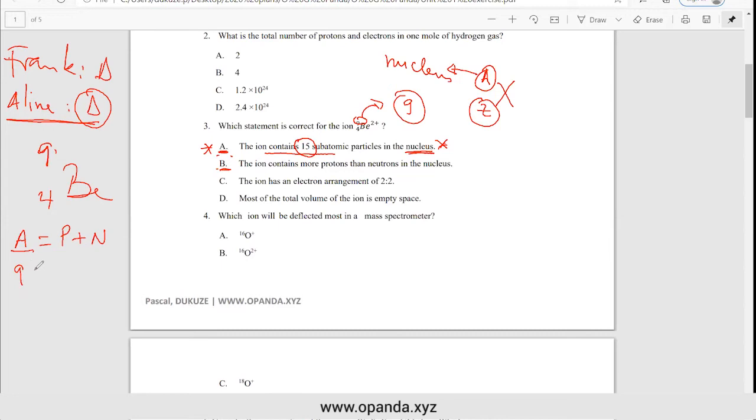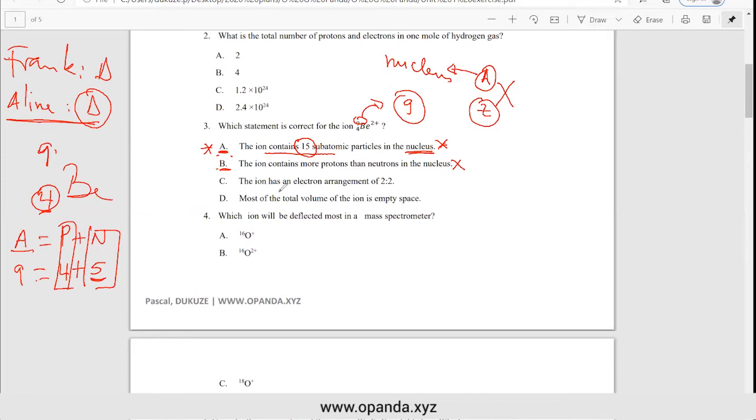So 9 is equal to 4 plus the number of neutrons, then that will be 5. So we have more neutrons than protons, so this statement is wrong because we don't have more protons than neutrons.